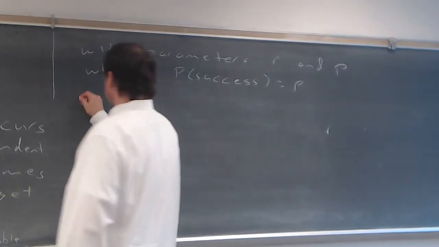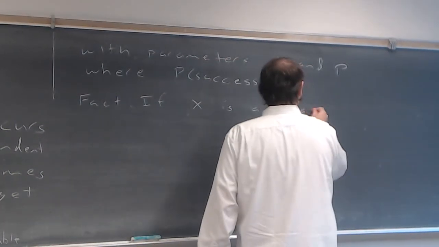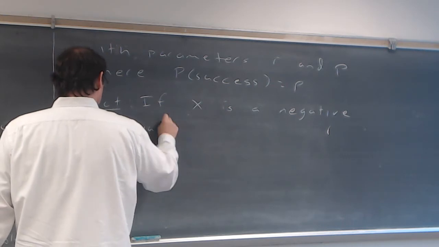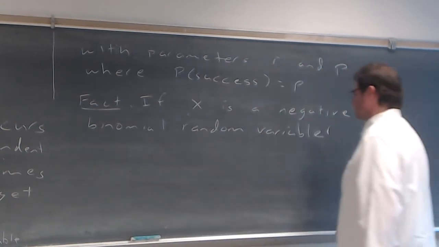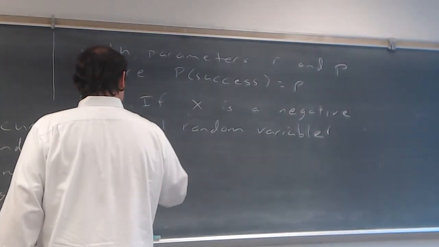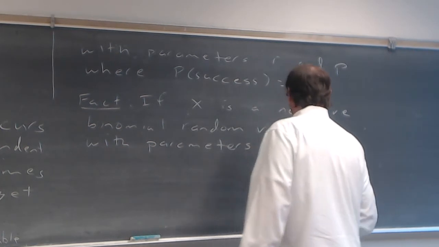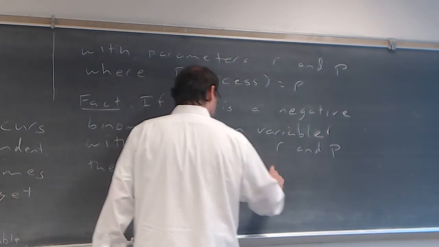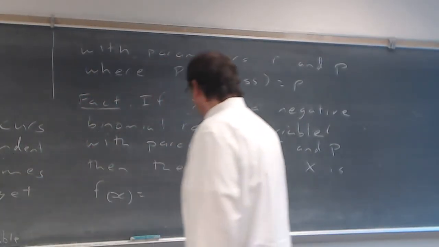Then, as a fact, if X is a negative binomial random variable with parameters r and p, then the PMF of X, f of x, is as follows.